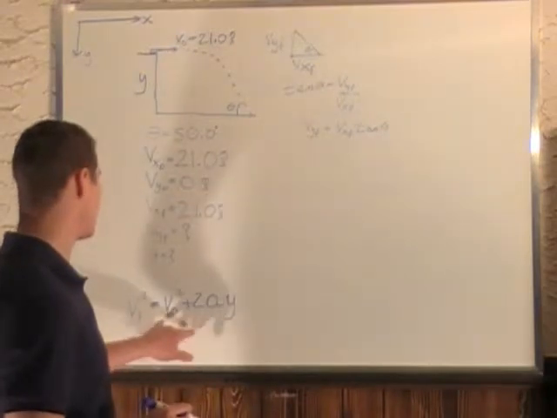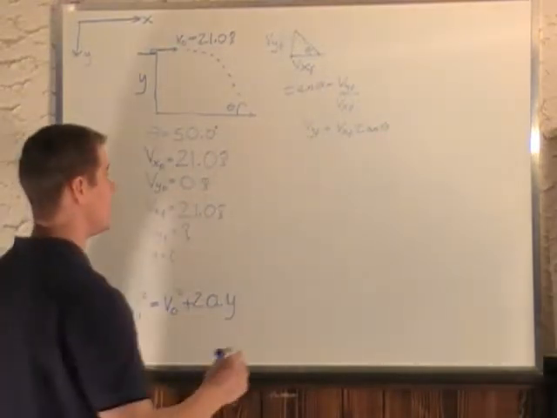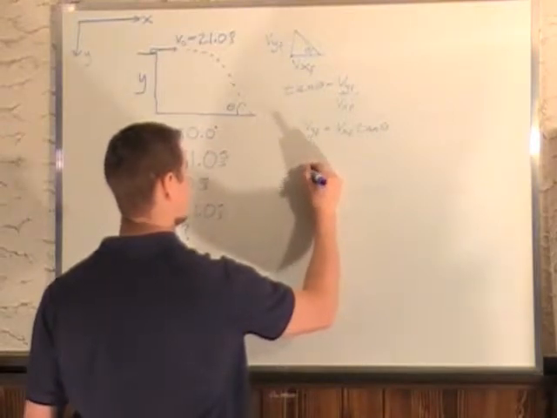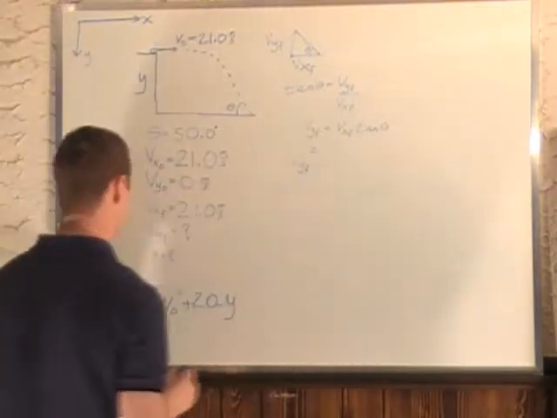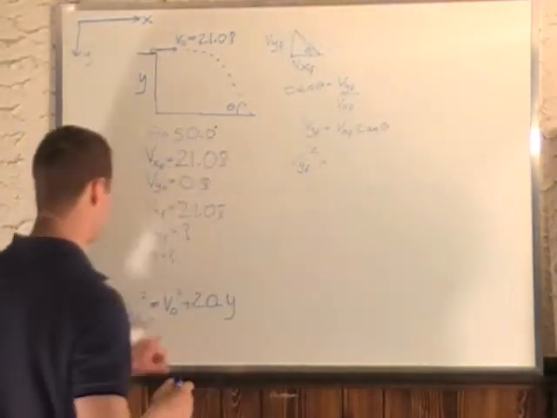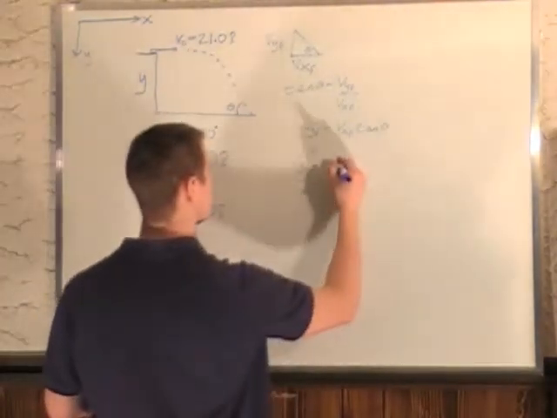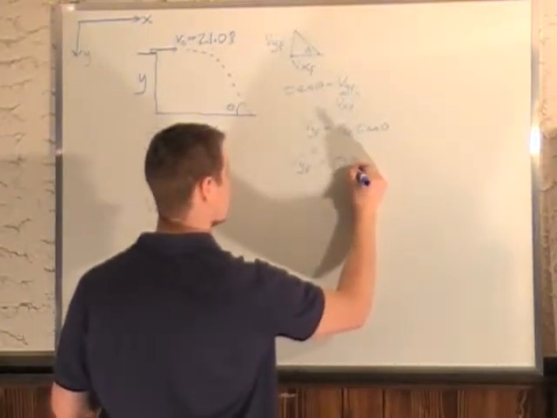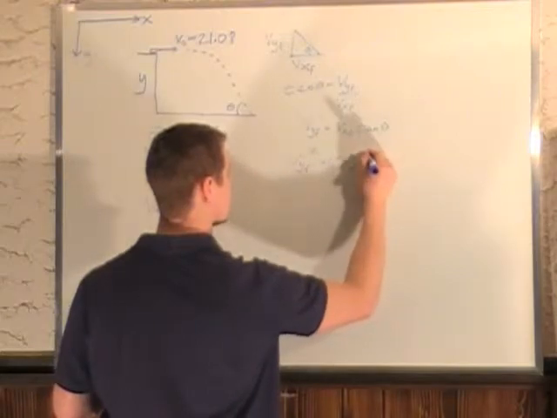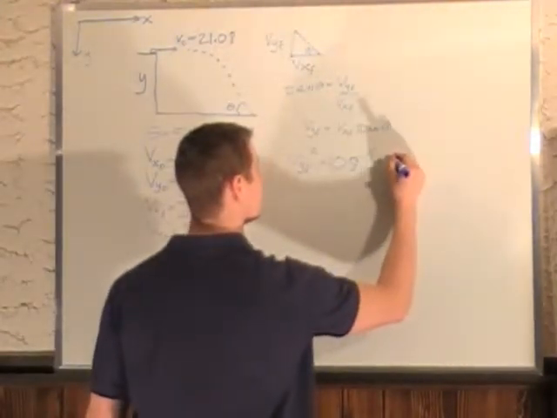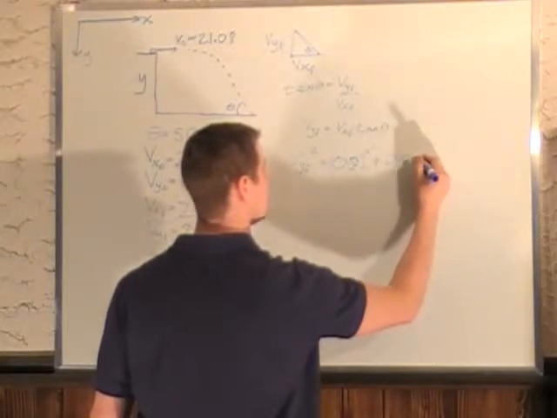So our v squared equals v0 squared plus 2ay is basically, in the y direction, Vy final squared equals V0 squared plus 2ay. V0 is 0, so I'm actually going to plug that one in because that's an easy one to start off with. 0 meters per second squared, 0, plus 2 times acceleration times y.